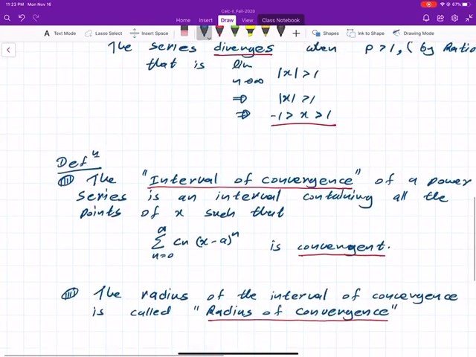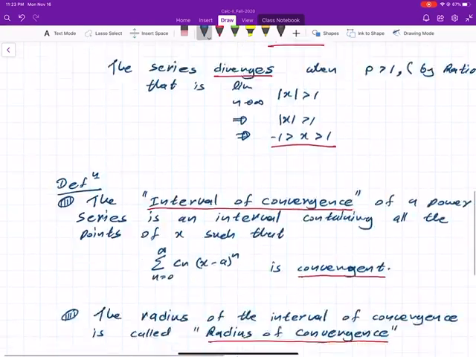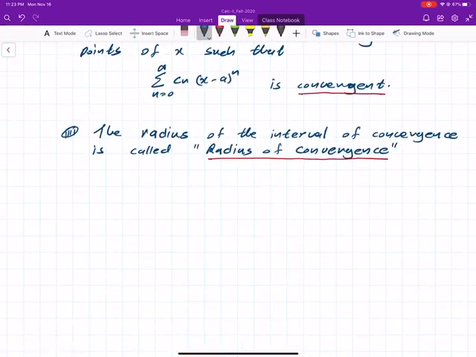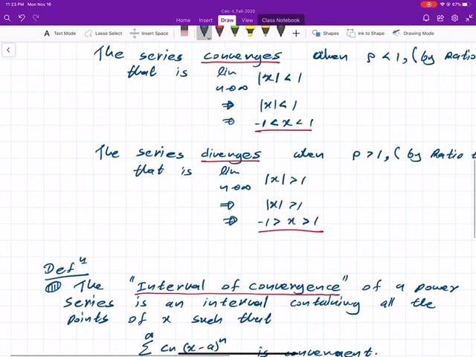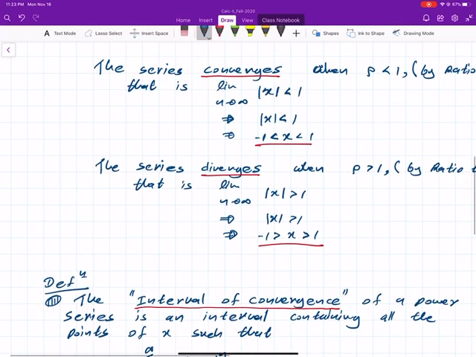I'm going to reconsider example number 1. You saw that the previous series converges in this interval, so that is called the interval of convergence.